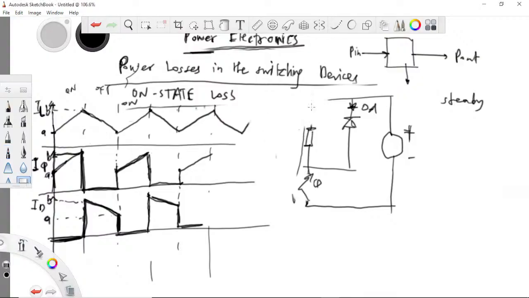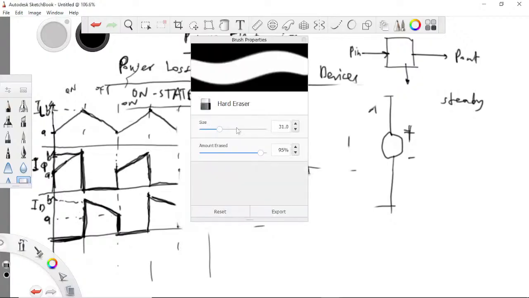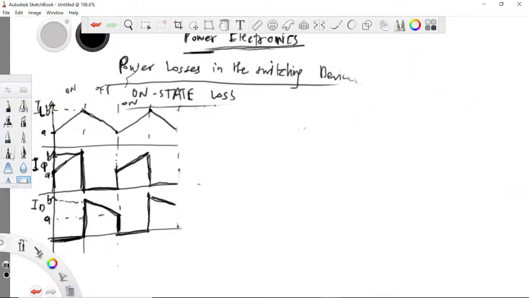Now let's see how to calculate the average current. So I'm cleaning this off. All right. So this is the inductor.